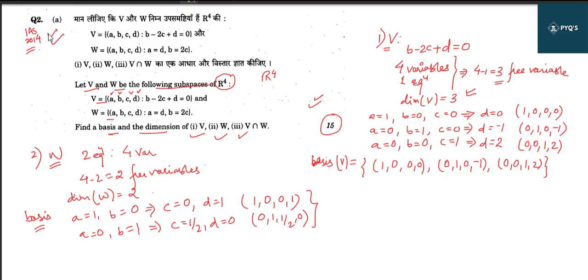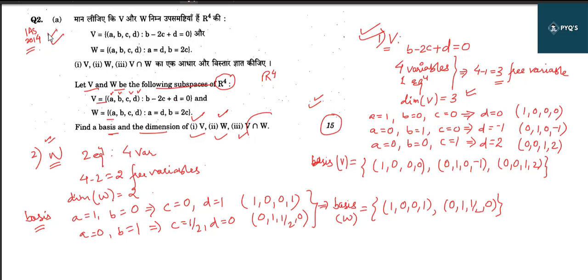So these 2 are the required vectors. So you can write the basis of W as 1, 0, 0, 1 and 0, 1, half, 0. So we have done part 1, we have done part 2.